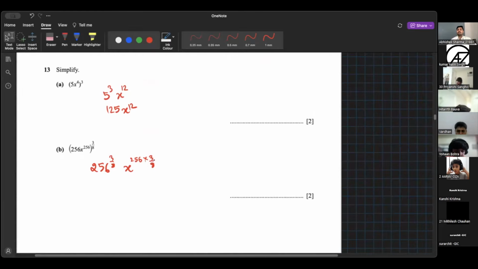And then we can do this calculation using the calculator. 256 to the power 3 divided by 8, I'm getting 8. And 256 into 3 by 8, I'm getting 96. So x to the power 96. So the answer is 8x to the power 96. And for the above one, it is 125x to the power 12. Clear?